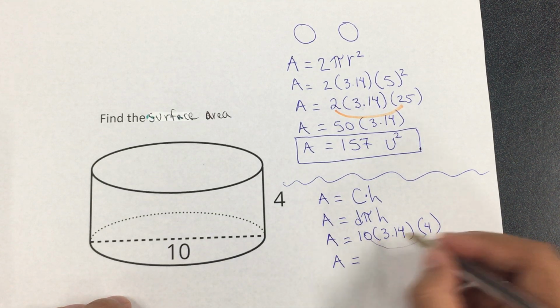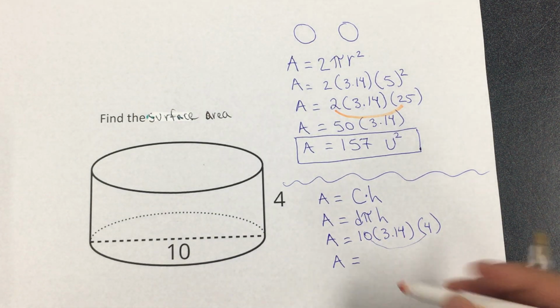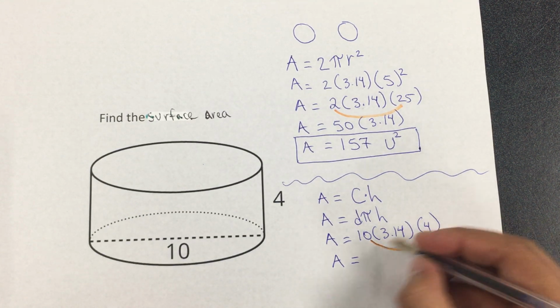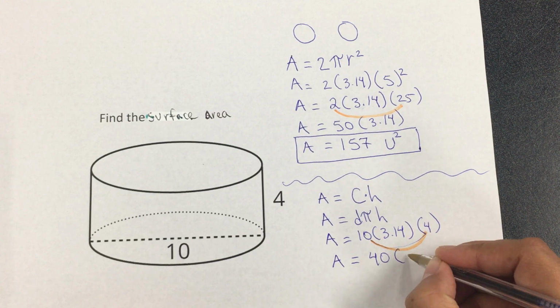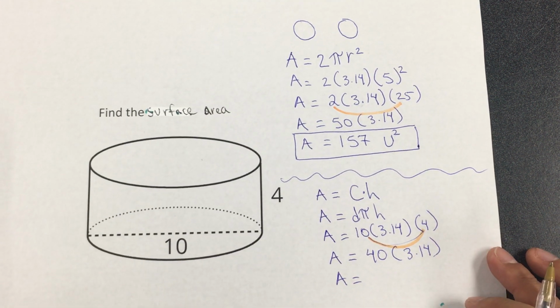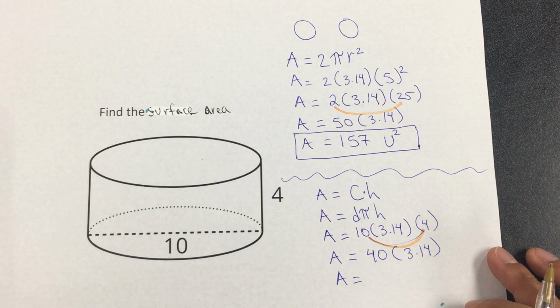We multiply this first and we get 4 times 10 is 40 times 3.14.